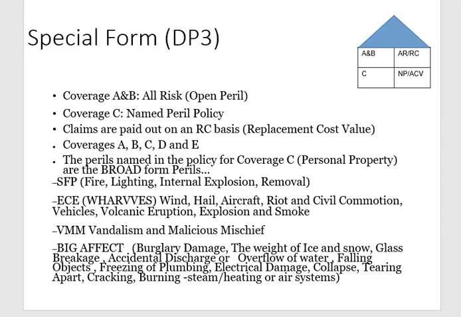Those are still going to be covered on a special form coverage C, personal property. Okay, everything's not covered. It's not an open peril for your personal property. It's only open peril for coverages A and B.